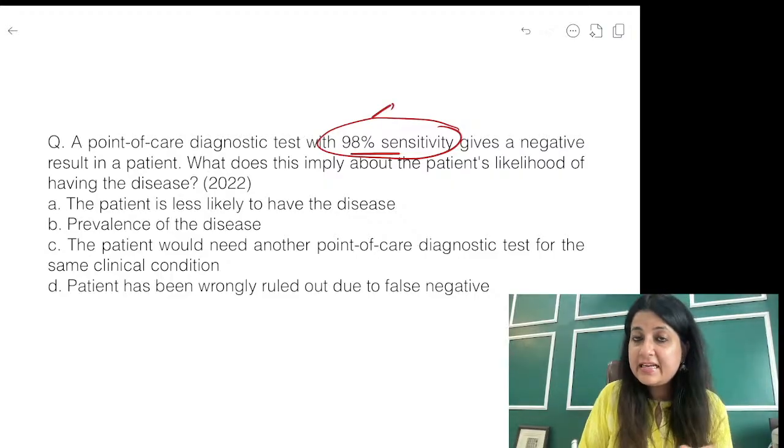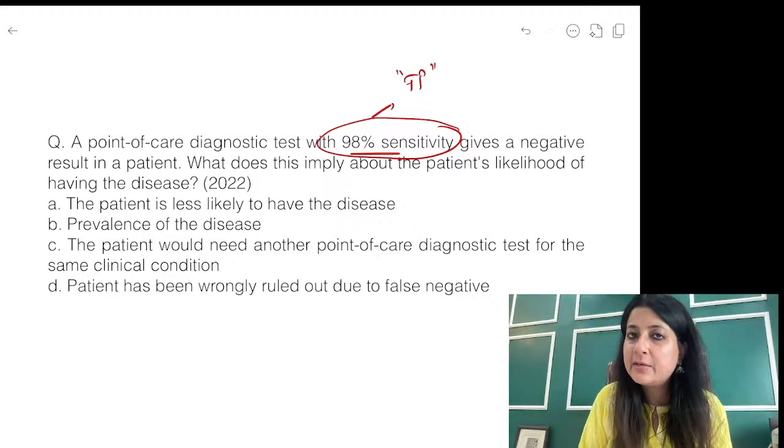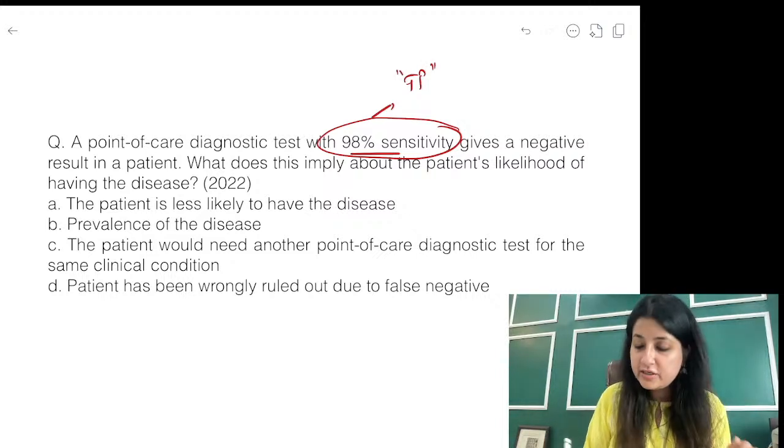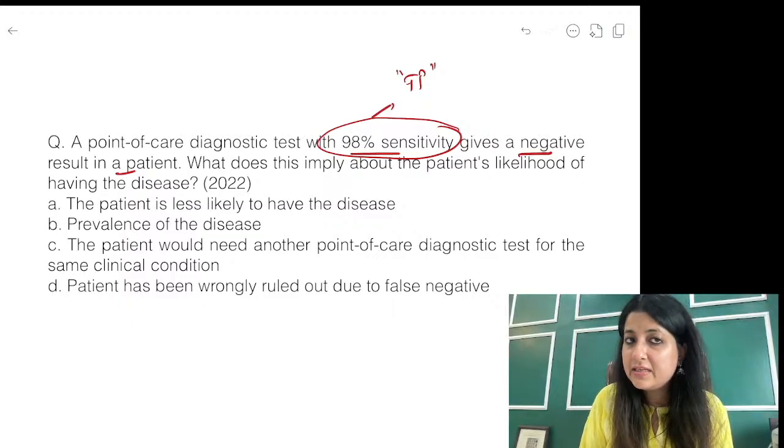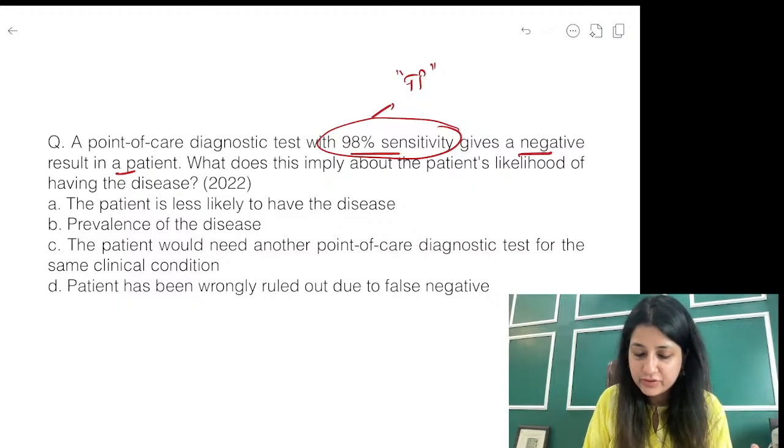दैट मीन्स it has high chance of giving people as true positives, high chance of finding people true positive, but unfortunately इसमें क्या हो गया, इसने negative result दे दिया. What does this mean? What does this imply about the patient's likelihood of having the disease? The patient is less likely to have the disease. Prevalence of the disease पे hint कर रहा है. Patient would need another point of care diagnostic test.